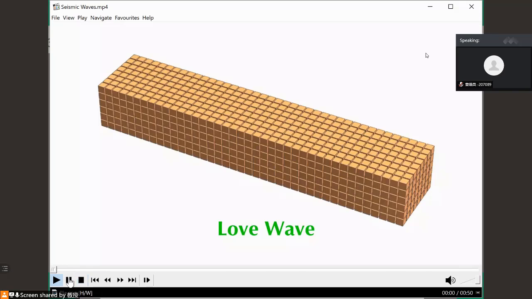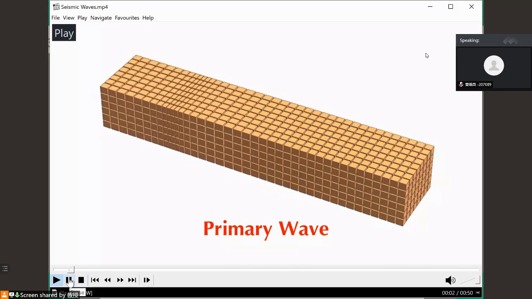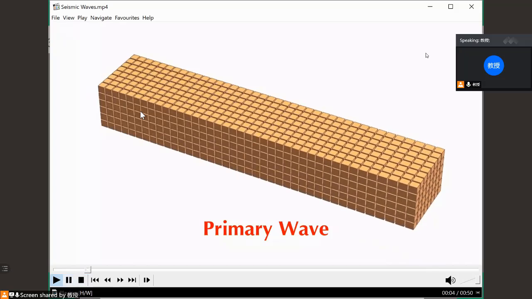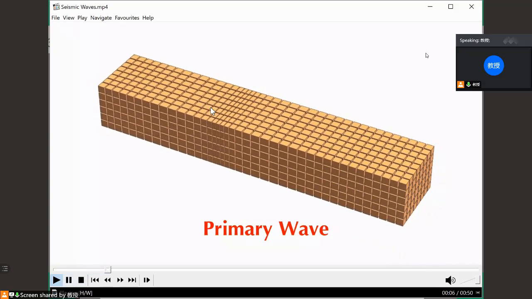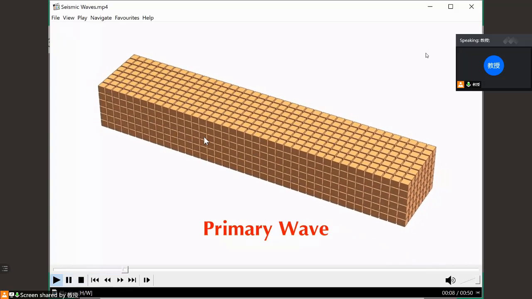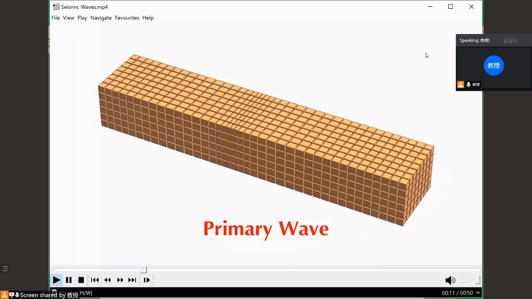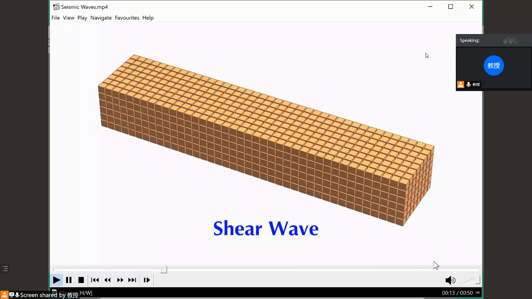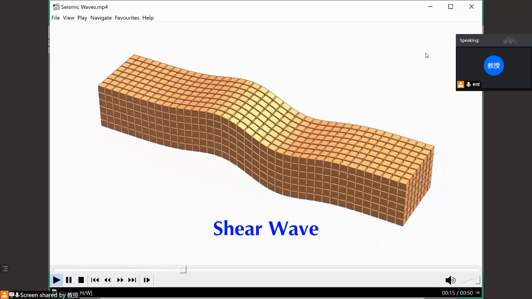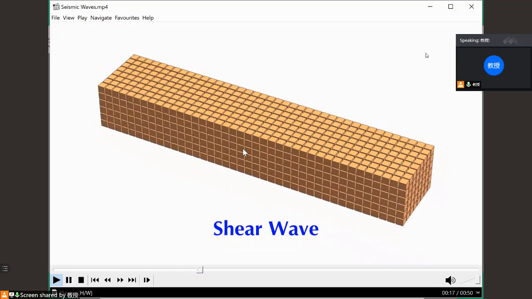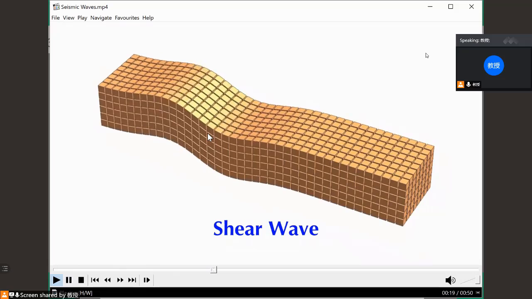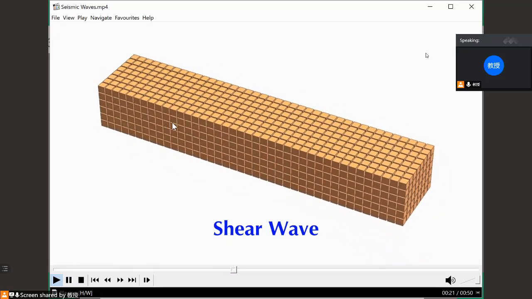Okay, that's the primary wave. You can see compression and dilation. This is a shear vertical wave. The particle moves up and down.